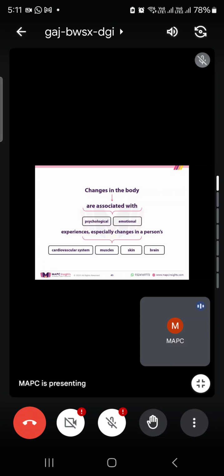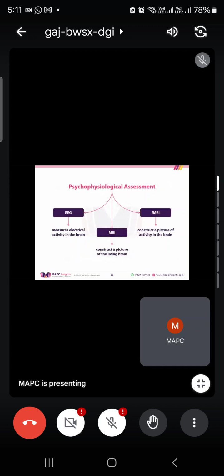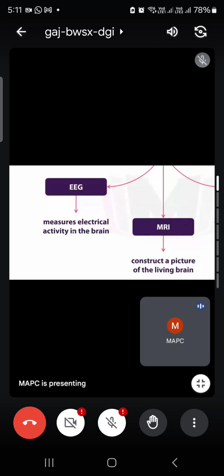So these are the psychophysiological assessments. We have the EEG, MRI, and fMRI. So what is this EEG? EEG basically measures the electrical activity in the brain.